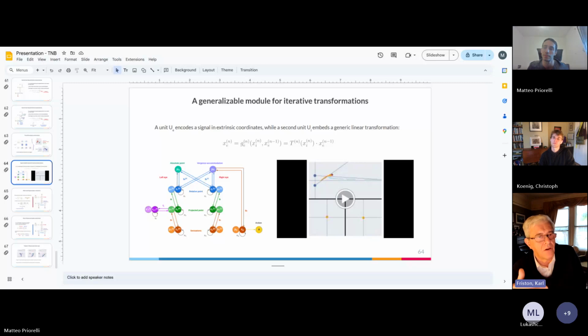If you can assume that there is a conditional independence between where an object is in the visual scene and what that object is, then you can have two completely separate representations of the whatness and the whereness that are conditionally independent, and then they interact to actually explain what you're looking at, which is a particular object in a particular position. So you get the internal consistency simply because you've put the right kind of conditional independence into the forward model or the generative model.